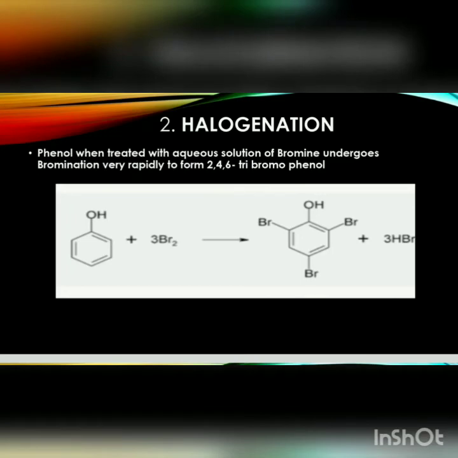The second type of electrophilic substitution reaction is the halogenation reaction. Phenol undergoes halogenation with bromine, and we have two types. In the first, phenol is treated with an aqueous solution of bromine and undergoes bromination very rapidly to form 2,4,6-tribromophenol.